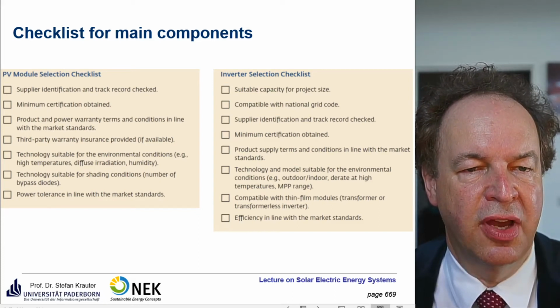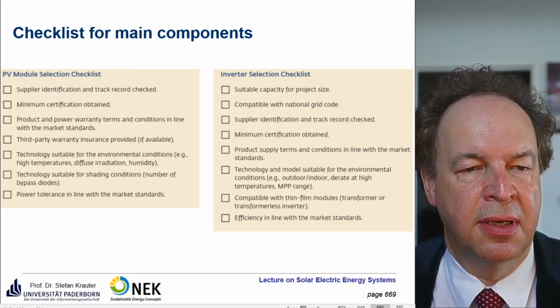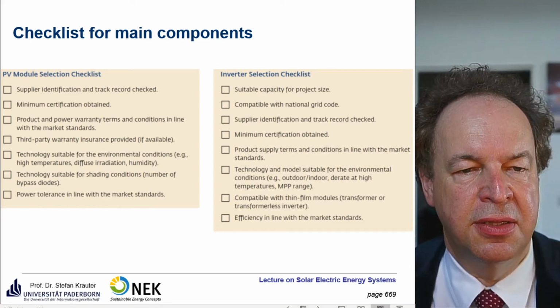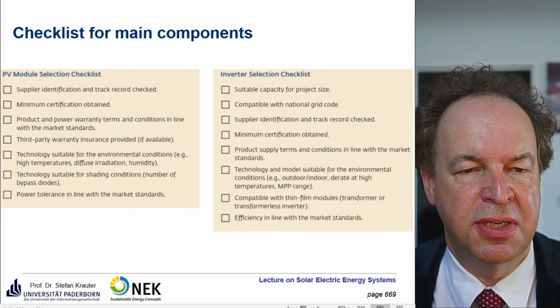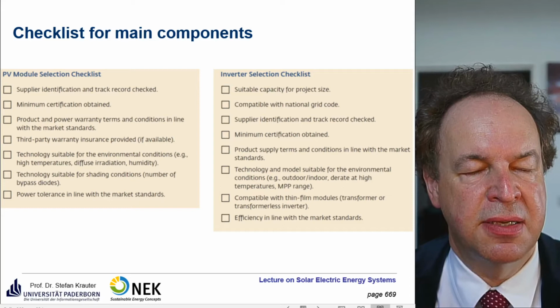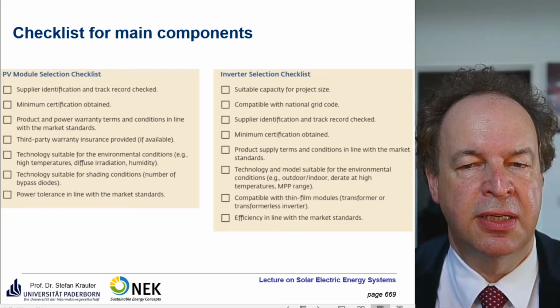Shading conditions: if you have shading, the number of bypass diodes is relevant. If you don't have shading, with a large distance between the modules and no other obstacles, that is less relevant.